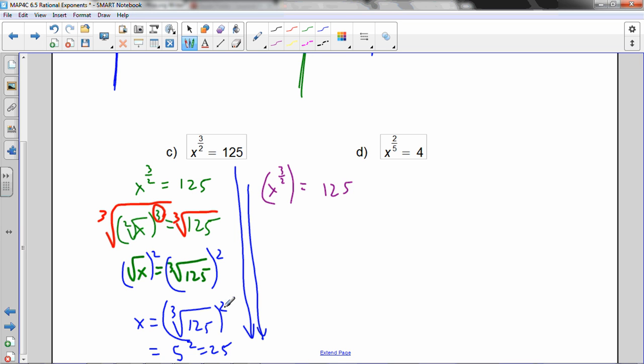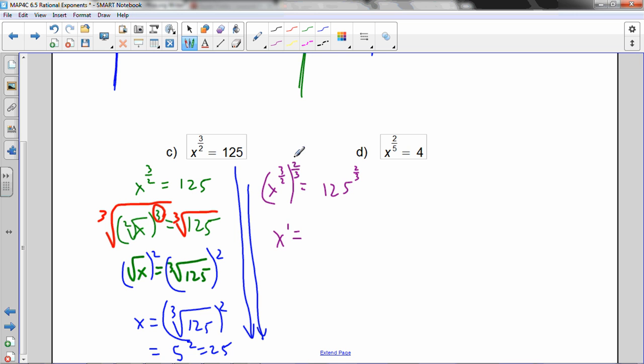I saw over here that on both sides there was the square and the cube root. Essentially, when I multiply the exponent 3/2 by 2/3, notice 6 over 6, this is x to the exponent 1, and then I just have this on the right.